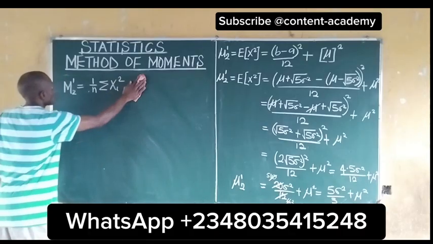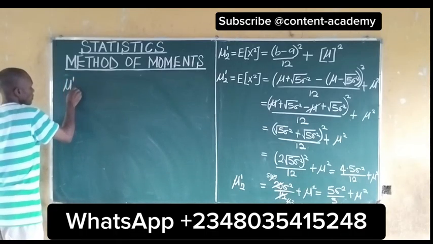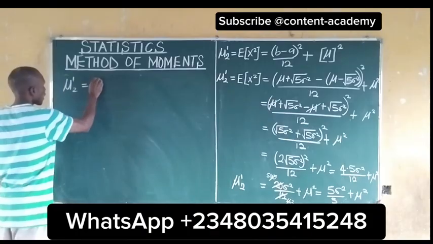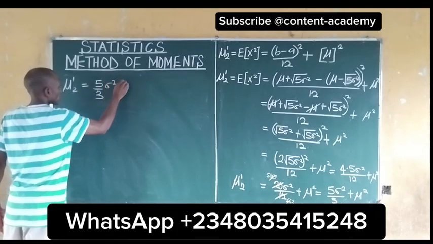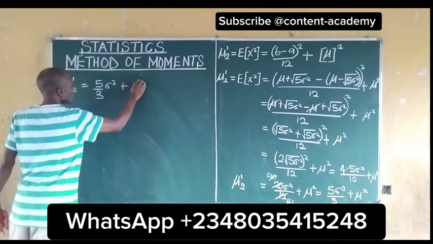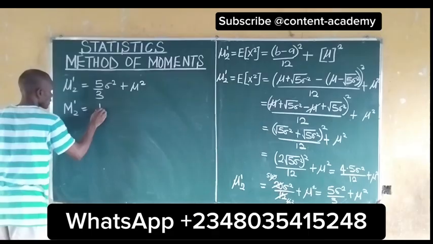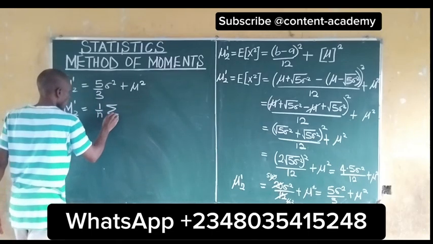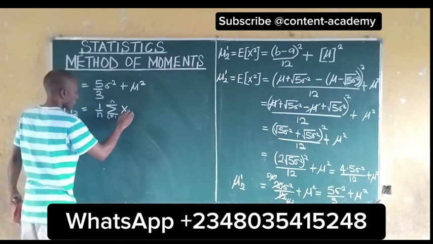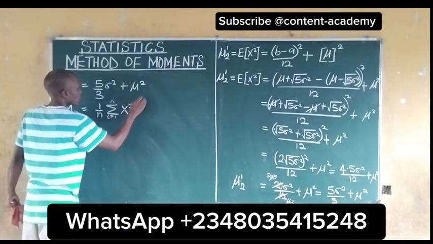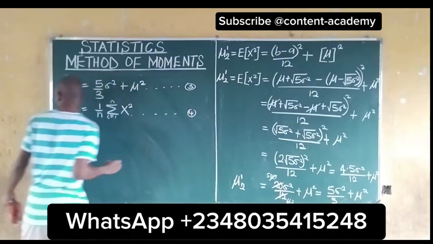Let us write out our population mean: it gives us 5 all over 3 sigma squared plus mu squared. And the sample mean gives us 1 all over n summation of xi squared. So this is our equation 3 and this is our equation 4.